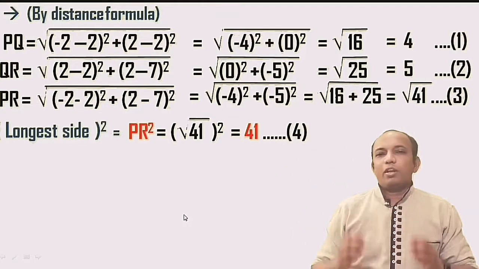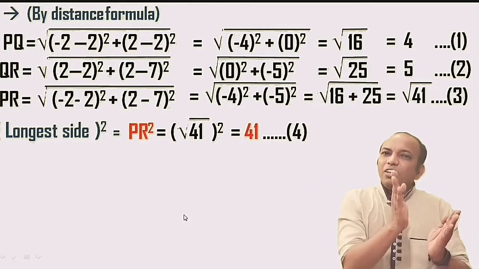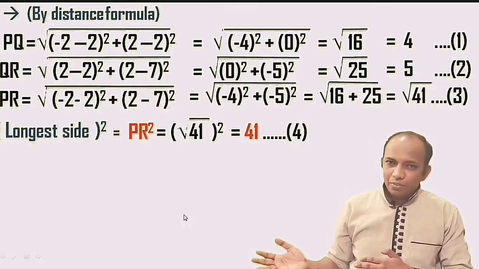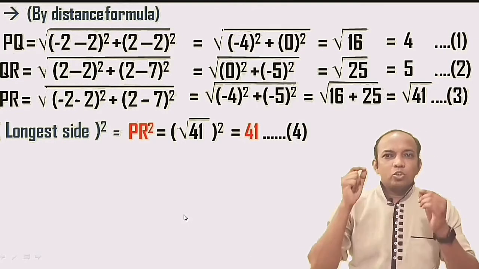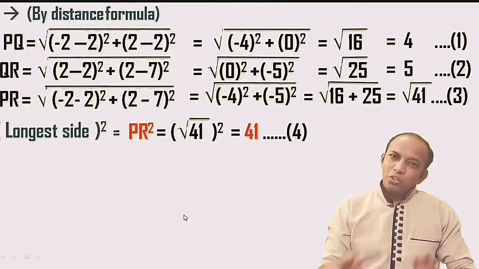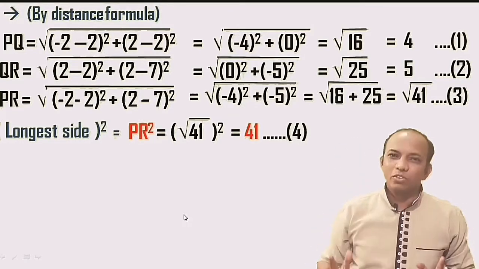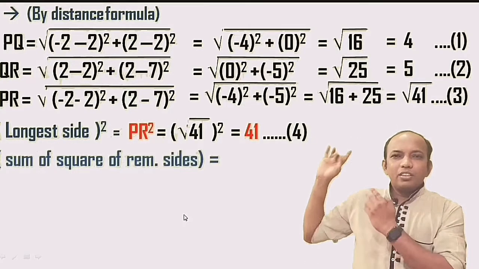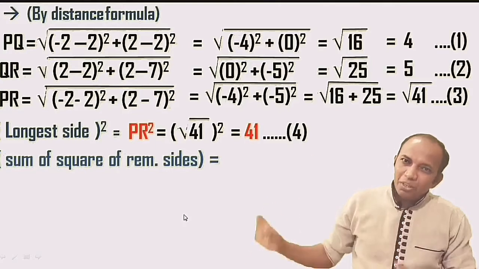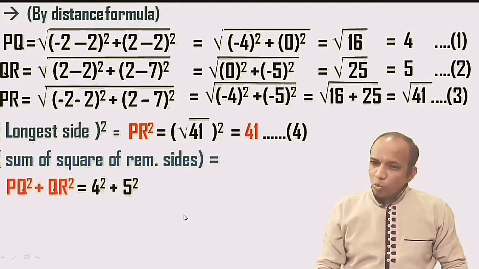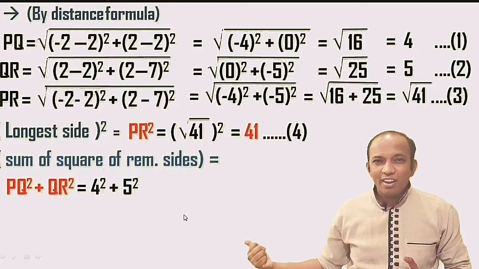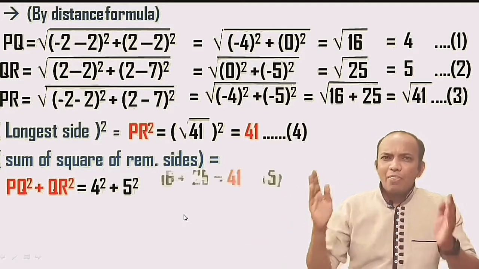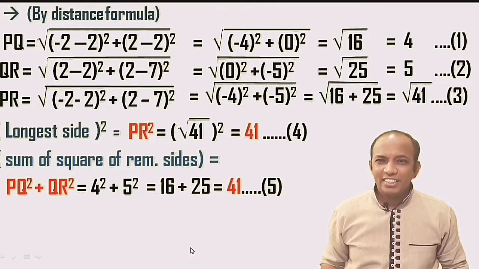So number 4. Now the next step, after finding PR as the longer side, we are left with 2 more sides, right? So we have to do the squaring and then the sum of those 2 sides. Here the sum of squares of the remaining 2 sides is nothing but PQ square plus QR square, that gives us 4 square plus 5 square, 16 plus 25, and that results in 41.